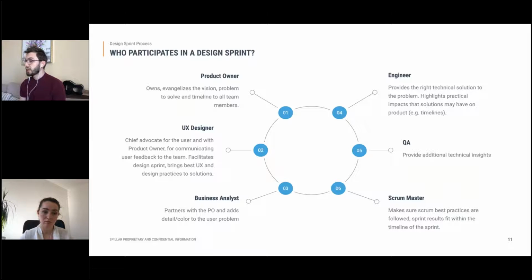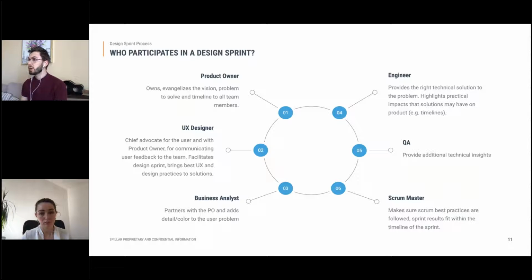A UX designer that would, of course, usually advocate for the user. We would invite a business analyst if they are part of the engagement, because they would sometimes bring a lot of insights when it comes to product strategy, roadmap, business insights, priorities, and so on.